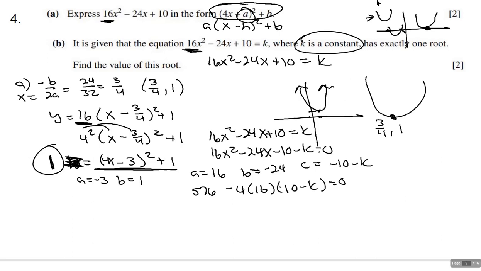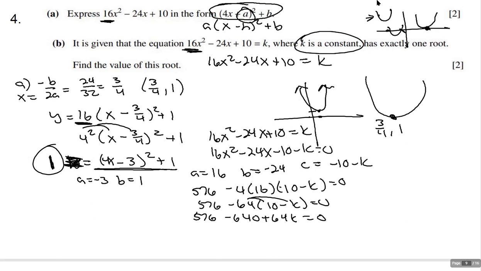And when I put the 4 times 16, I'm going to get 64. And so 576 minus 64 times 10 minus k equals 0. 576 minus 640 plus 64k, because I'm just distributing, equals 0.